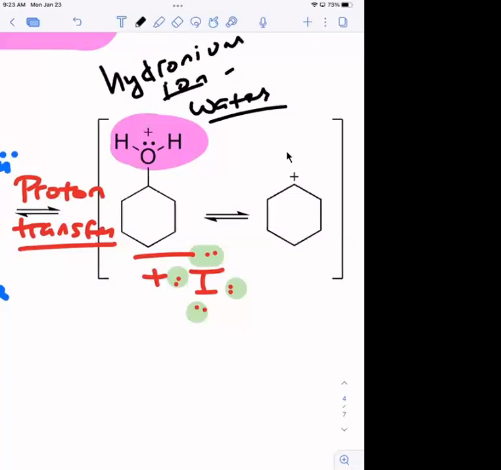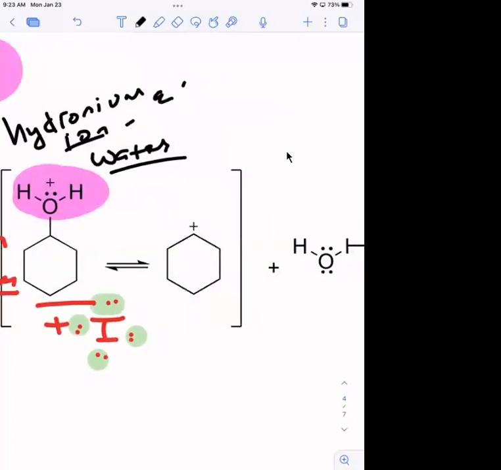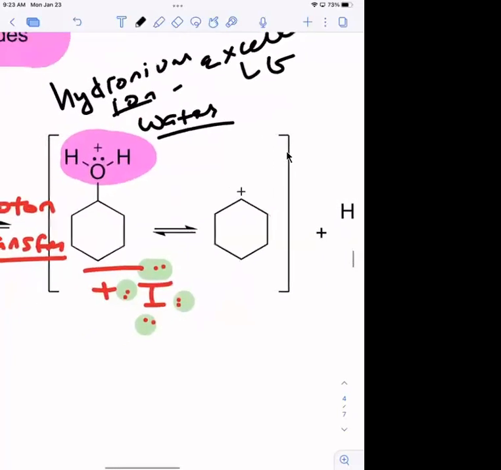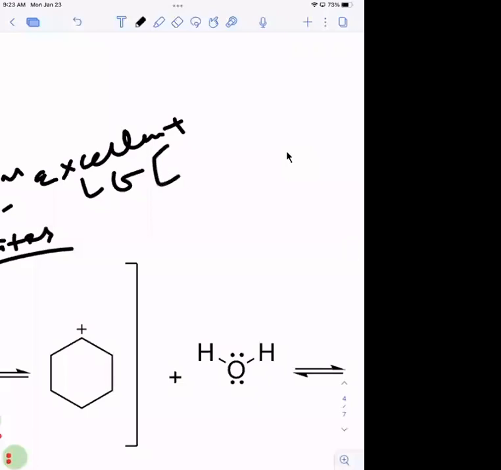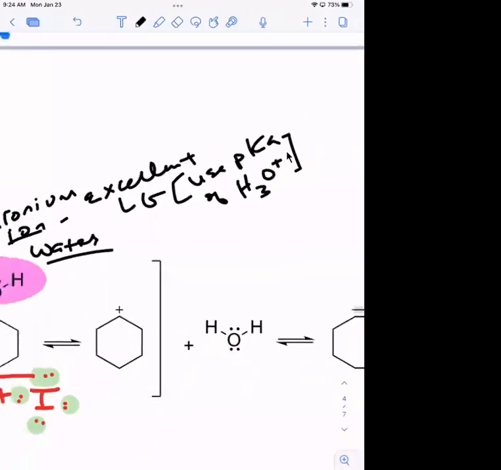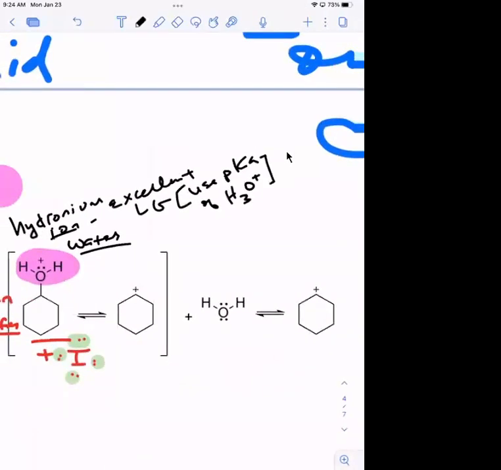This is an excellent leaving group. OH by itself is terrible. The hydronium is excellent. And if you want to know why it's excellent, the conjugate acid of that is H3O plus. I think the pKa of that is something like -3, very low pKa.